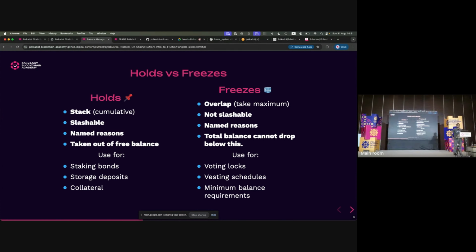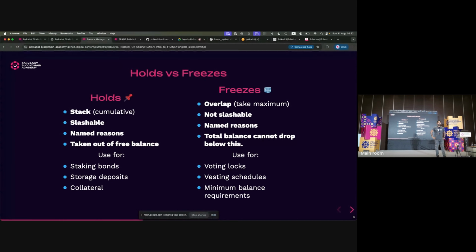I wonder whether it's useful to analogize with read and write locks. It doesn't quite work because you can do a freeze on a hold, and you can't do a read lock on a write lock. It's a very flawed analogy, but I wonder whether it would be helpful. You could think of the freeze as a read lock.